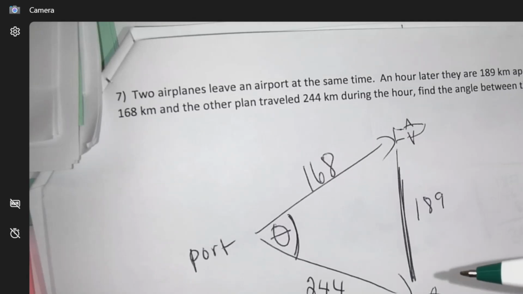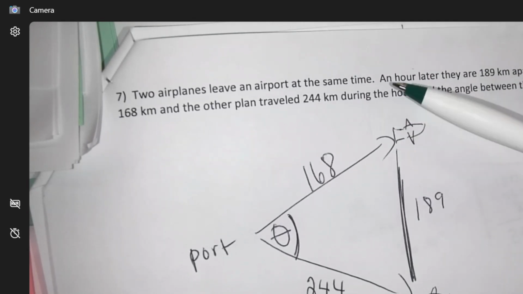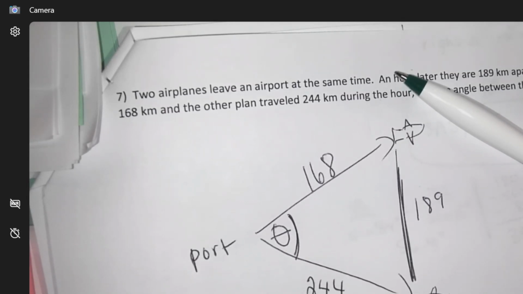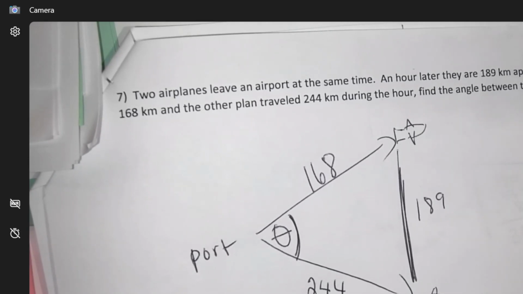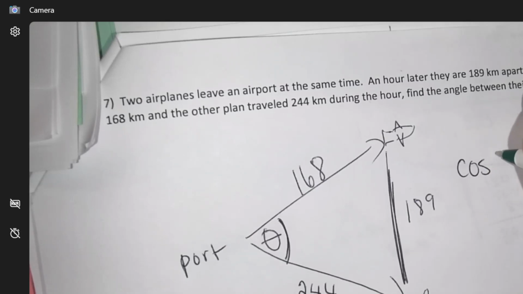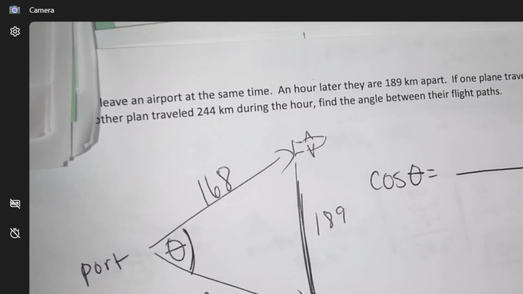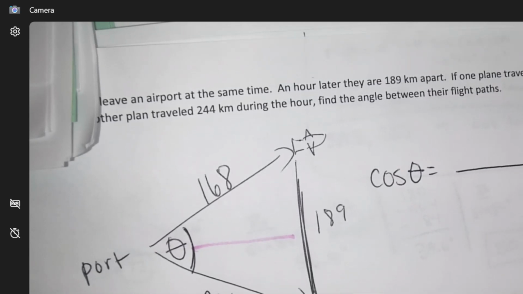Okay, I also will note that sometimes I didn't give you distances. I might have given you speeds. So never use speeds. You always have to use distances. So if I do give a speed, you have to figure out the distance they've gone. Okay, so we're going to do cosine law, triple S. Identify the side that's across. That is the one you're going to minus.